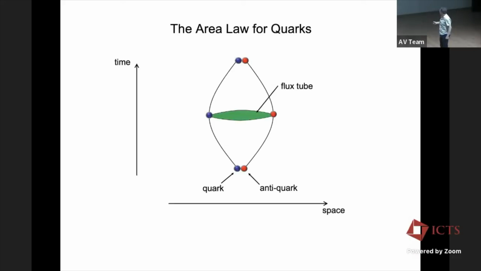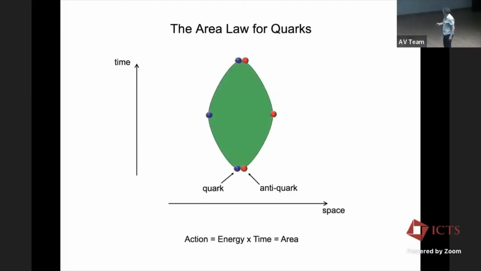And this flux tube costs energy. The energy is proportional to the distance between here and here. But of course, the flux tube was there for all time. It's not just there when they're far apart. There's always a flux tube. The flux tube is growing as you pull them apart and then shrinking again. So the better picture is the following, that actually the flux tube between the quarks first grows and then shrinks. And you can ask, what's the integrated energy it costs to do this?